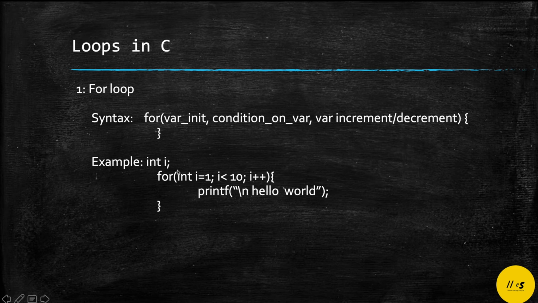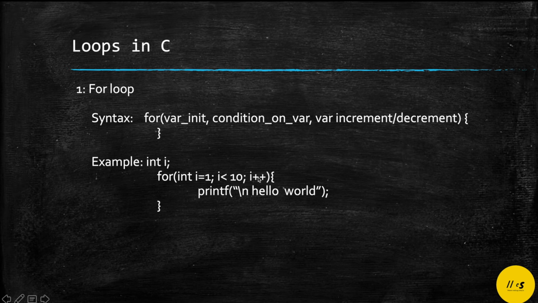Int i equals 1: you can either create int i outside of the for loop or you can write it within this round bracket. So here int i equals 1 is both declaration and initialization of this variable i. The condition on this variable is i less than 10. It means i will start from 1 and go to less than 10 with the help of this i plus plus.